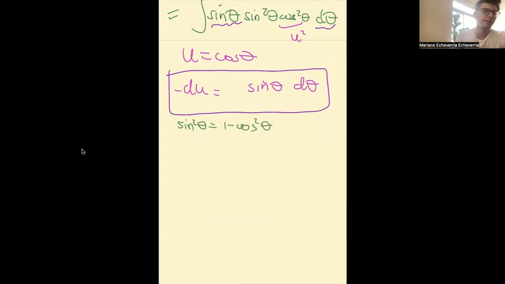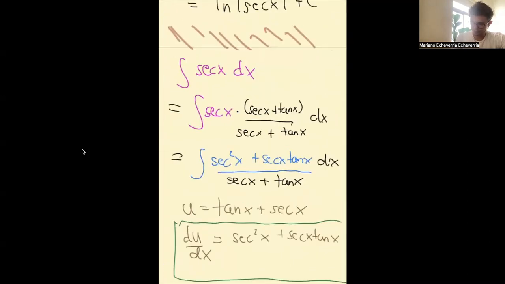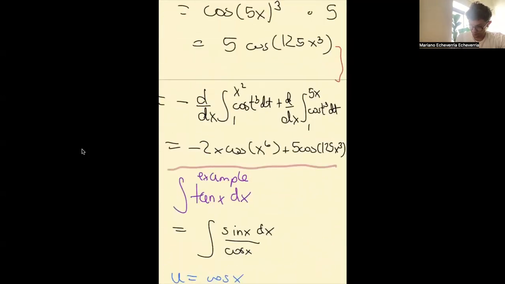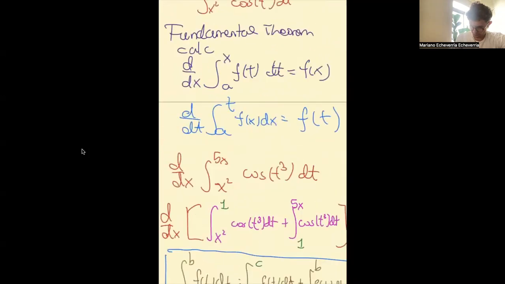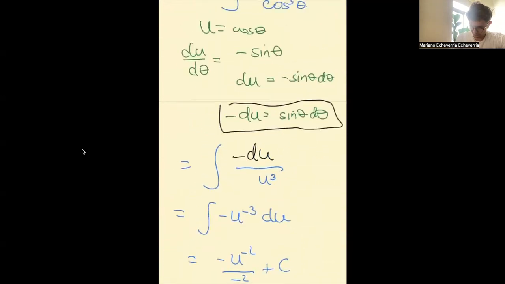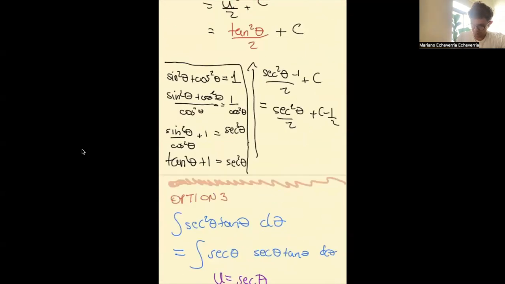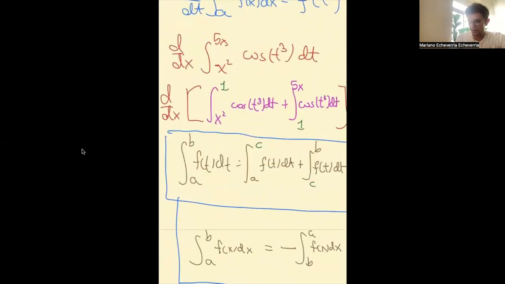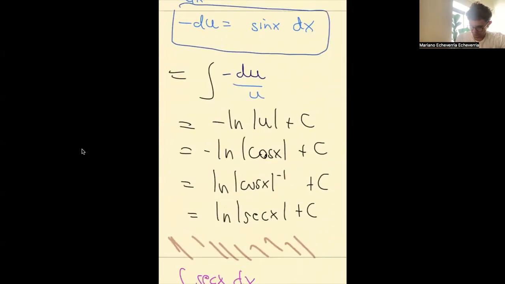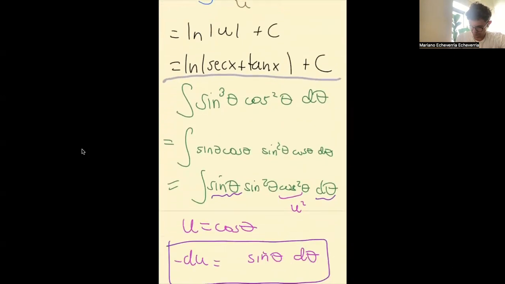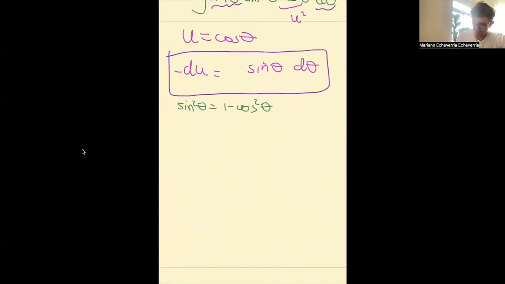This is where you have to use the identity that sine squared is 1 minus cosine squared. It's the same that I wrote a couple of pages ago. So if you do that, then this is 1 minus u squared.